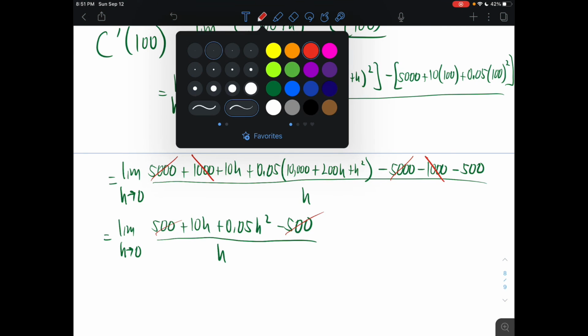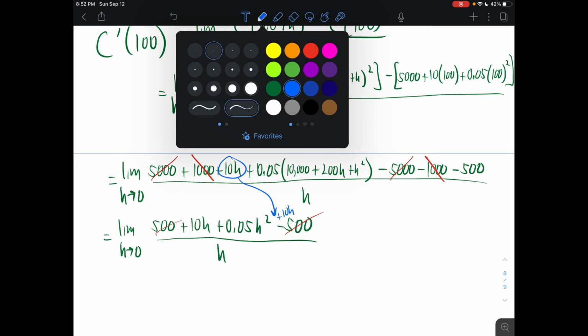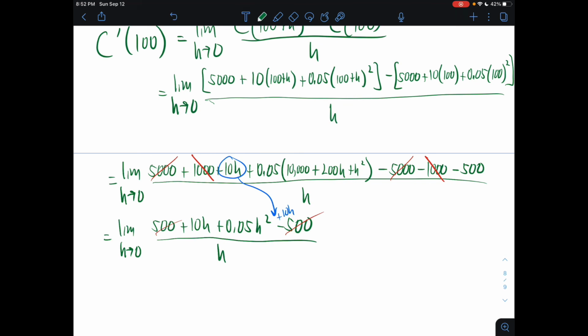I forgot another piece, didn't I? This 10h right there. So it's going to go right here. So this means that I have the limit as h approaches 0 of, I might as well add those two 10h's, so 20h plus 0.05 h squared, all divided by h.